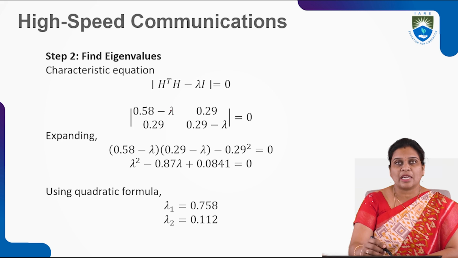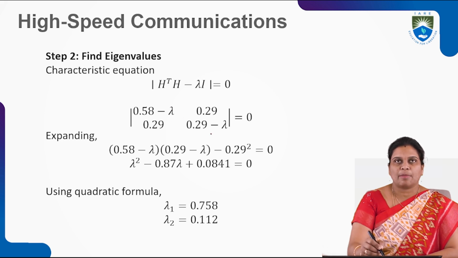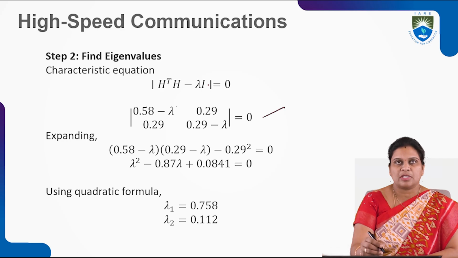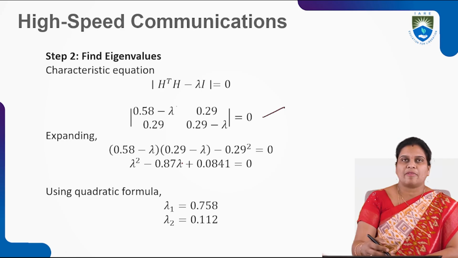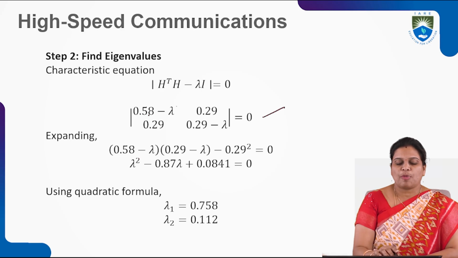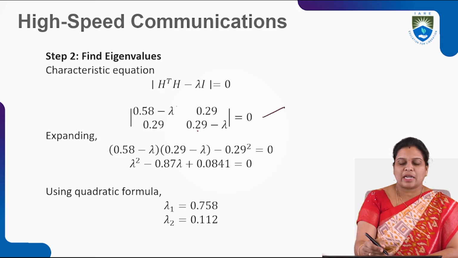These are the singular values, the diagonal values, so for the diagonal we apply minus lambda, and the remaining entries are the same. Now we are finding the lambda values. Let us assume one is lambda 1 and the other is lambda 2. So 0.58 minus lambda. How do we find the characteristic equation?